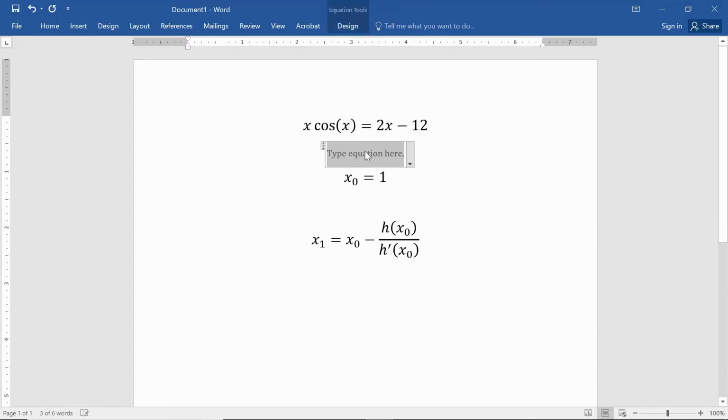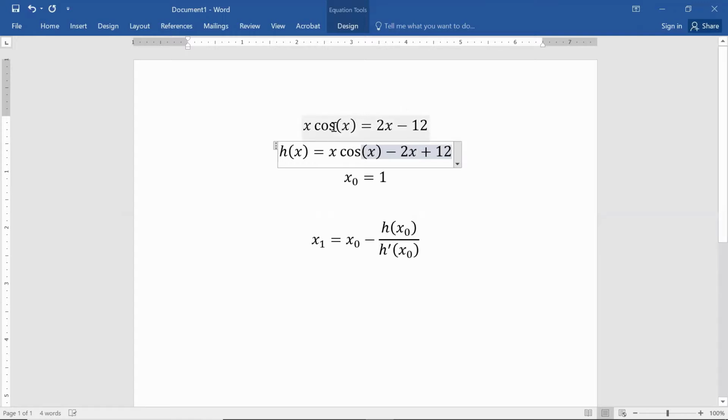I'm going to create a function. I'll call it once again h of x, just like I did in the last problem. And I'll make sure that h of x has roots which will be equal to solutions of the equation.